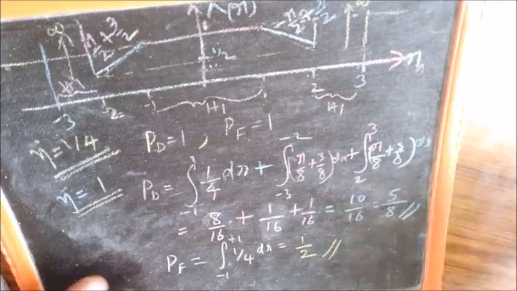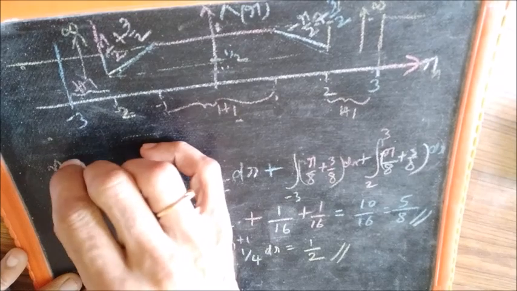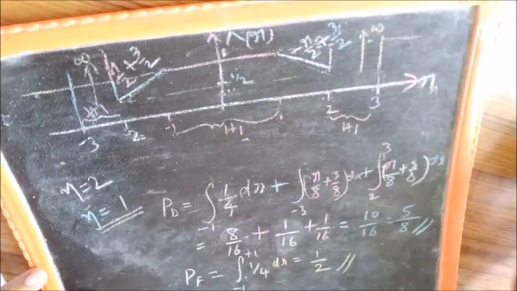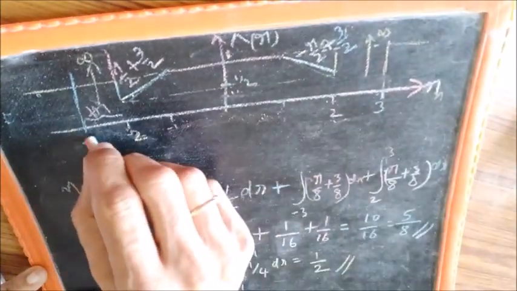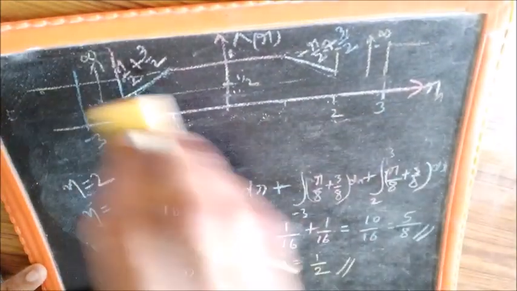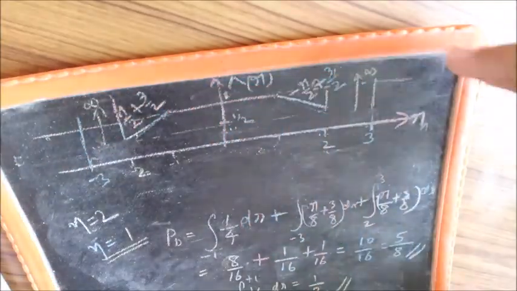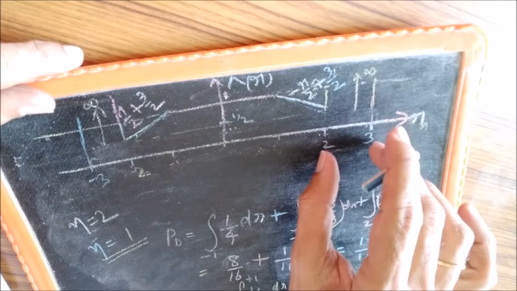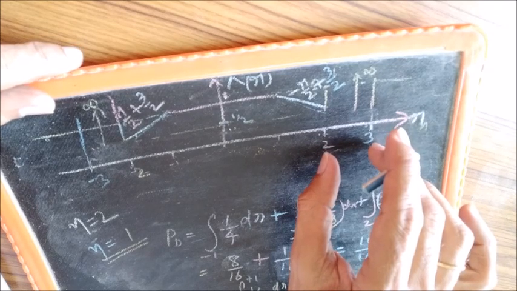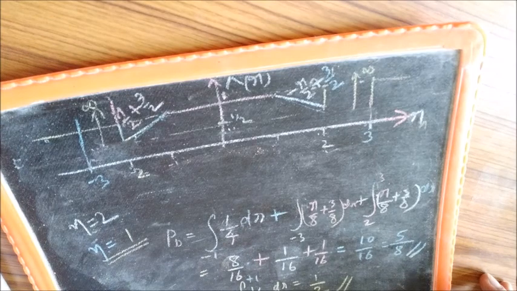And finally, when eta is equal to 2, you declare H1 only for R from 2 to 3 and R from minus 3 to minus 2.